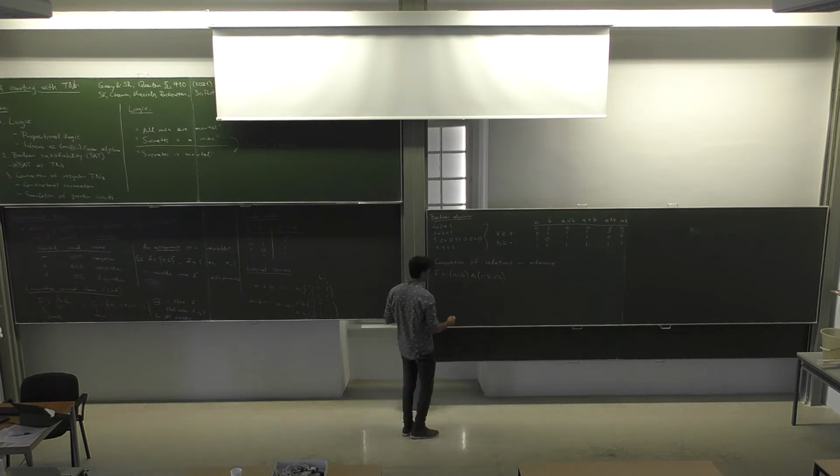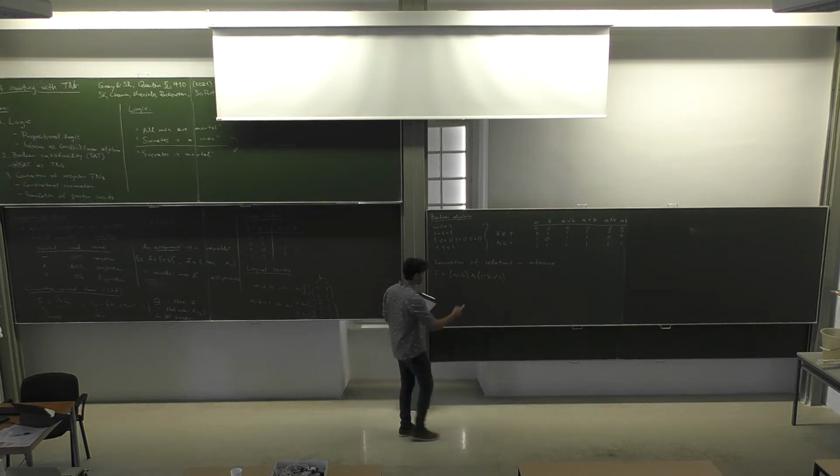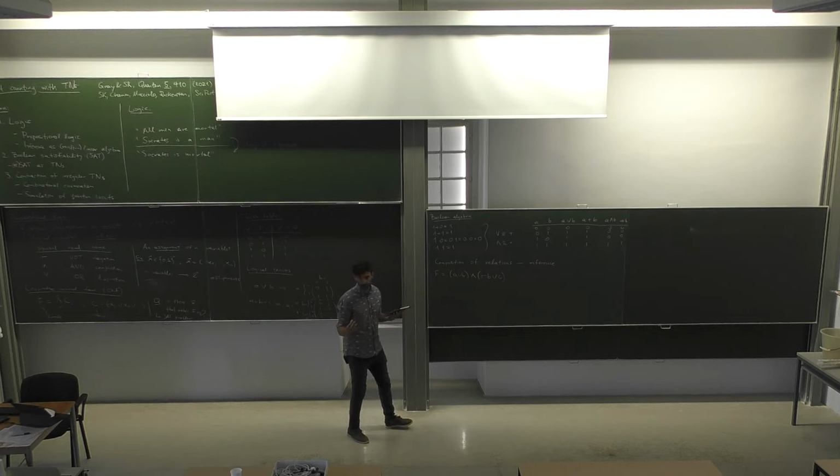Composition makes sense mostly when you have a common variable, right? Because otherwise, if you don't have common variables in your clauses, then the composition is like a tensor product, okay?